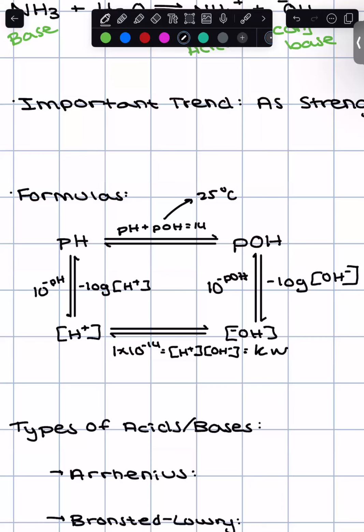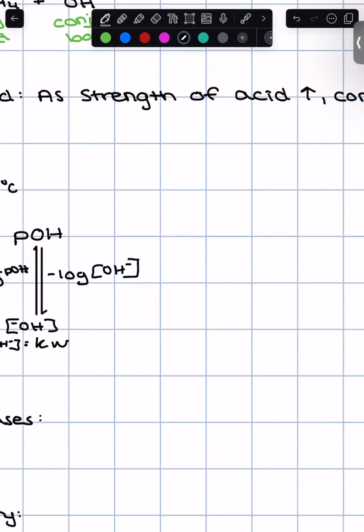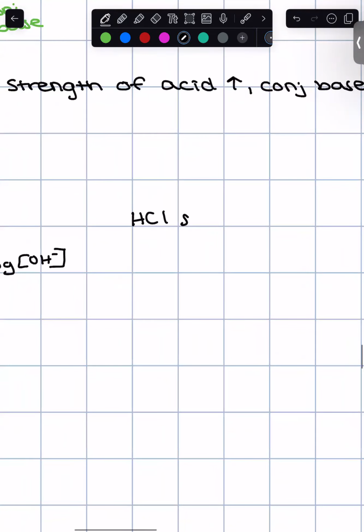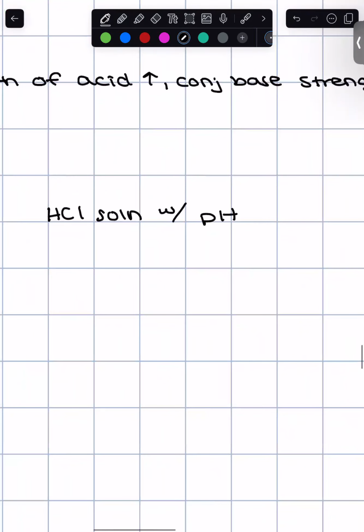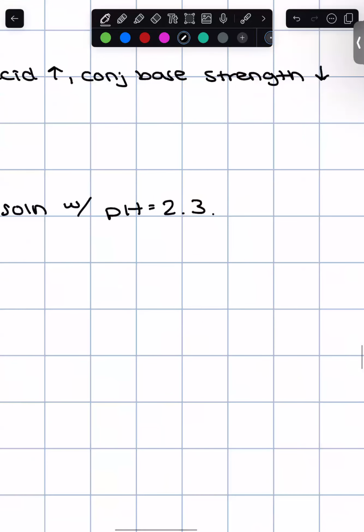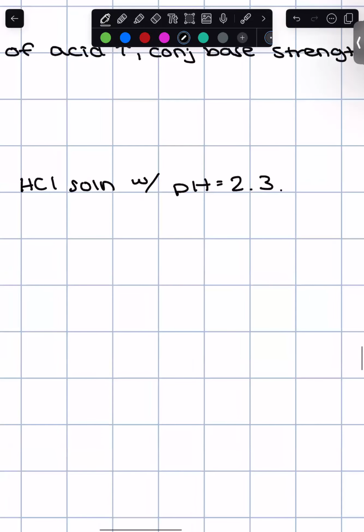The one thing to remember is that a lot of these questions might be phrased as: we have an HCl solution with a pH equal to 2.3. So what are the rest of the values? Remember that HCl is a strong acid. What does a strong acid do? It completely dissociates. So all of the HCl becomes H plus and Cl minus.